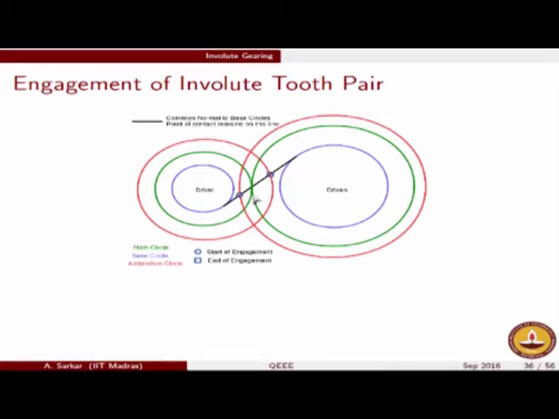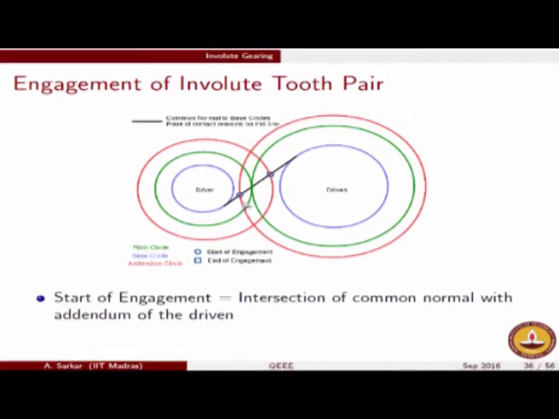Please note that the pitch circles will have a tangency condition met at the pitch point, and exactly at the pitch point the tangent between the two base circles should pass, which is made clear in this schematic diagram. Now we must understand how the engagement point moves. The engagement point is moving from this point, which is known as start of engagement, to the end of engagement, which is shown in box here.